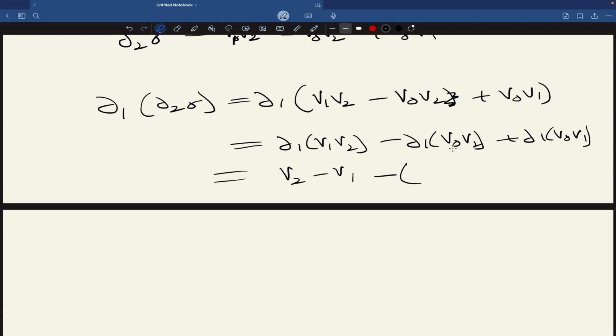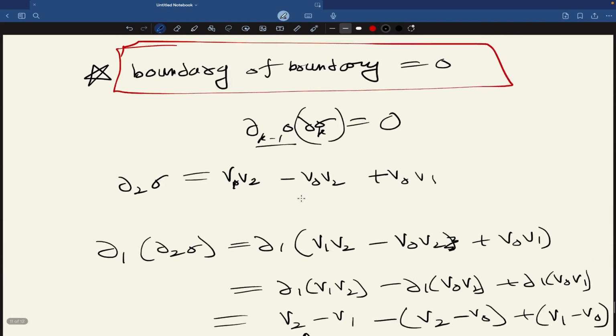Similarly here, eliminate v0 we'll get v2, eliminate v2 we'll get v0. Again here v1 minus v0. If you see here, v2 gets cancelled by v2, this v1 gets cancelled by this v1, and this v0 is cancelled by this v0, and we are left with nothing but only the 0. We are left with 0.